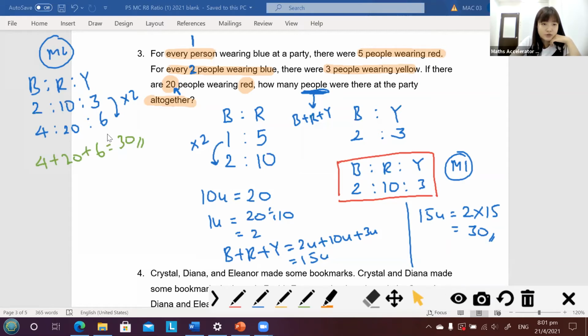Just to check, can you type into the chat which method you prefer? Method 1, using units, or method 2, you times to make it the same. There's no right, no wrong. Because both method works.